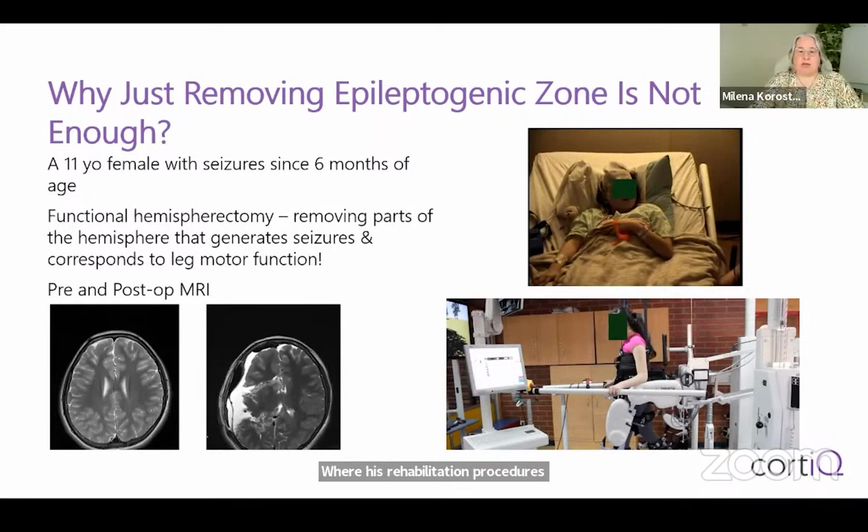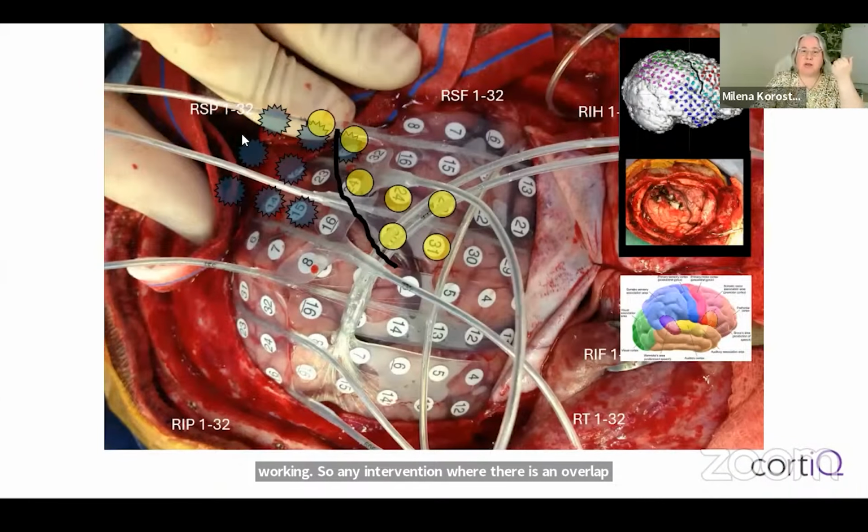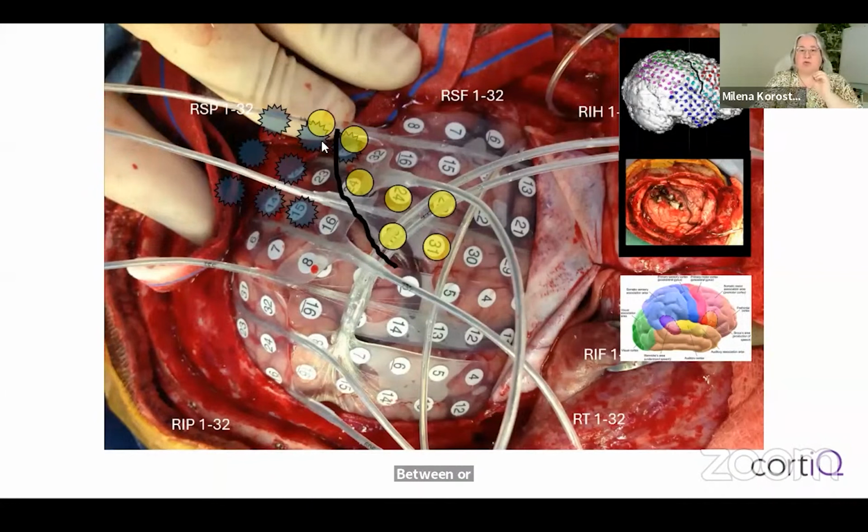So in any intervention where there is an overlap between the area that we want to remove and the functional area, there is always a possibility for a patient to develop a post-surgical deficit.